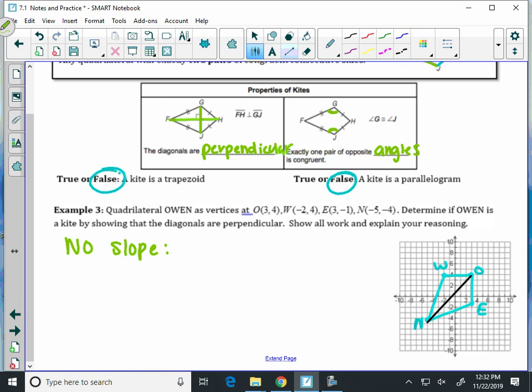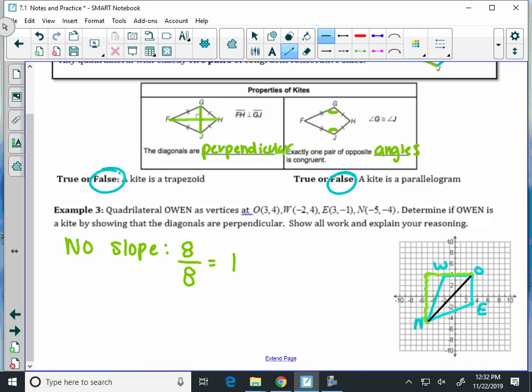Find it with our rise. Up 8 or 9? 8. Went up 8. What's our run? 8. What is 8 over 8 simplified down to? We went up and right, so they're both positive.